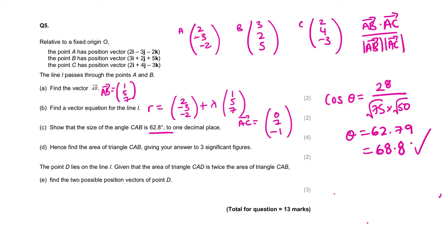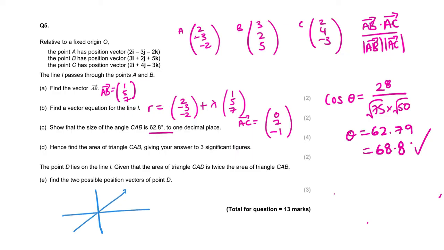Amazing. Then part D. Hence, find the area of the triangle CAB. If we were to draw this, what is it going to look like? I'm just going to get my axes out again. I probably don't need to, but you never know.